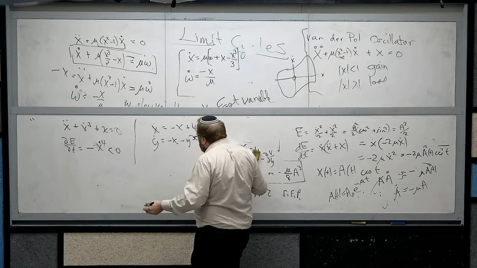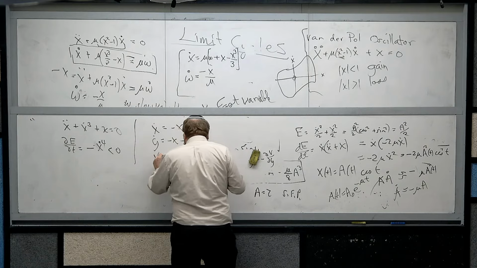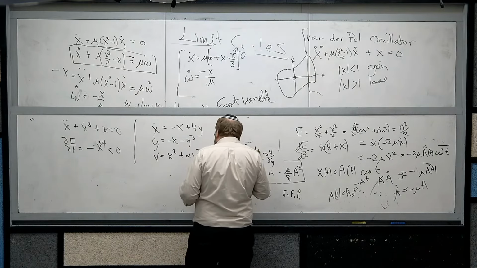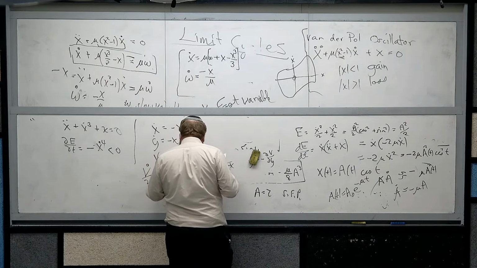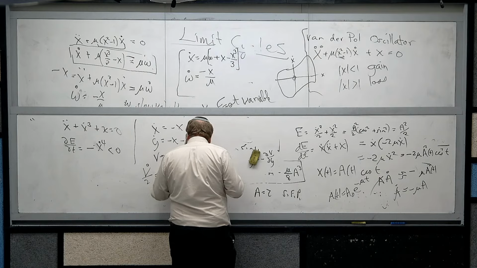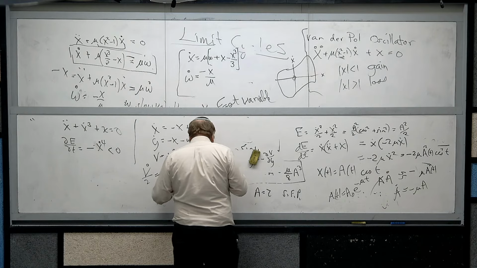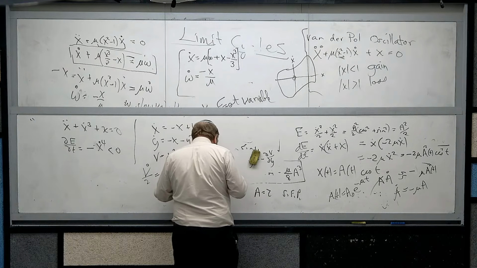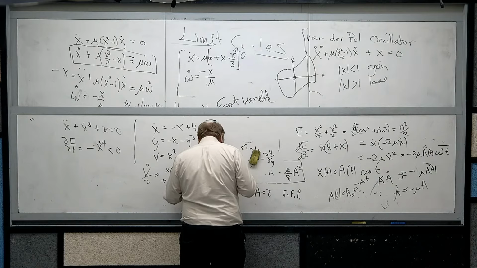Again, you look at this and don't know what to do with it, but it turns out by miracle that if you write down a potential function like that, then v dot over 2 is x times minus x plus 4y, plus xy plus alpha y times 4 minus x minus y cubed.